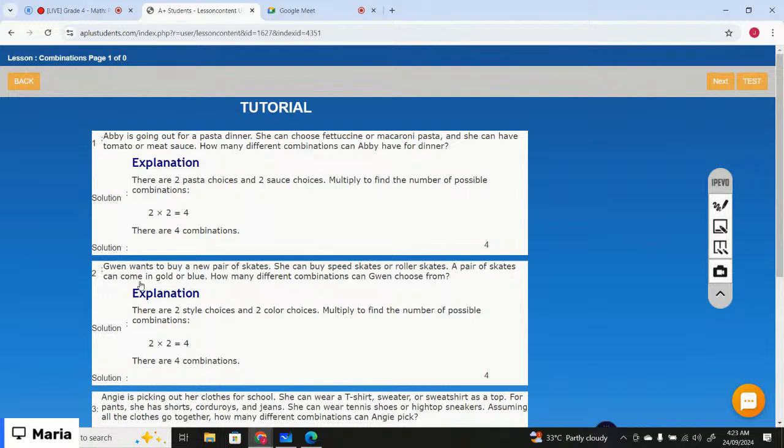She can choose fettuccine or macaroni pasta, and she can have tomato or meat sauce. How many different combinations can Abby have for dinner? Okay, so two options for the pasta, two options for the tomato and meat sauce. You need to multiply all the choices to find the number of possible combinations. So you have to do 2 times 2, that is 4 combinations you have.